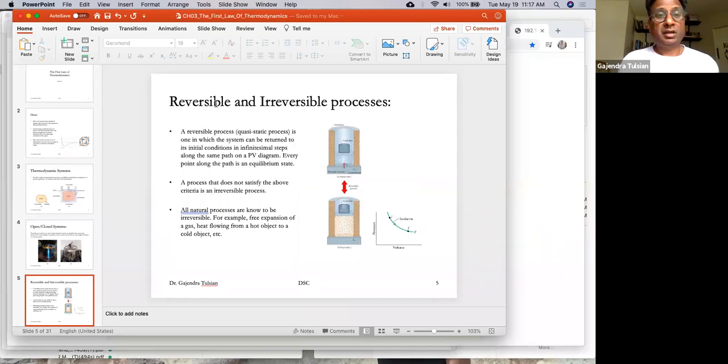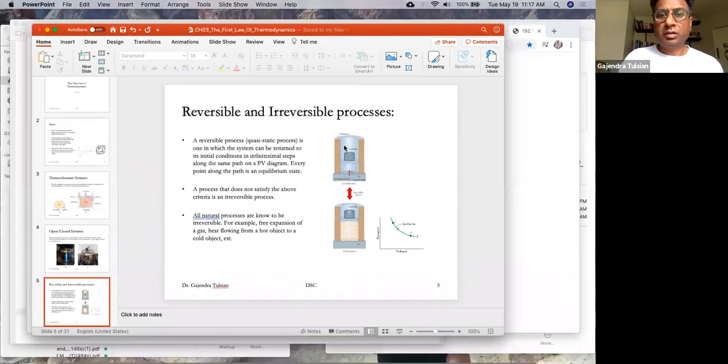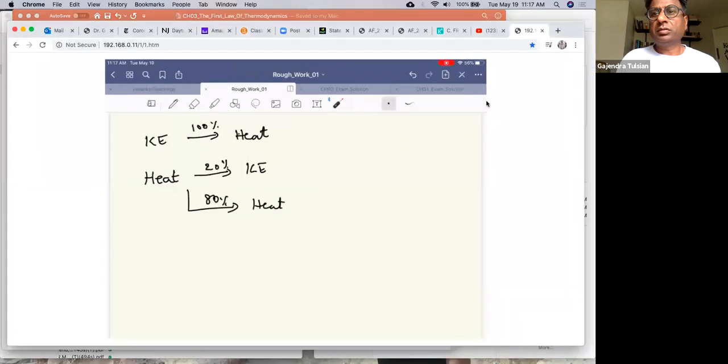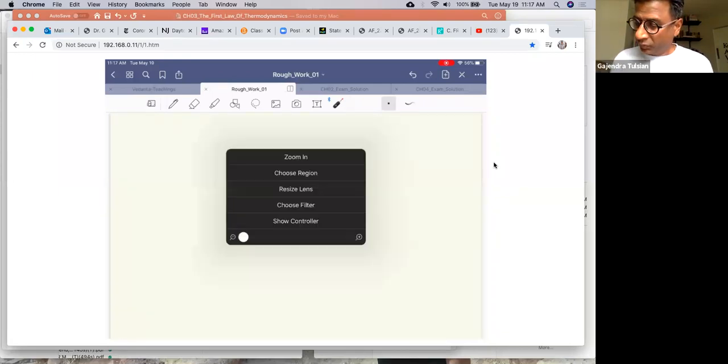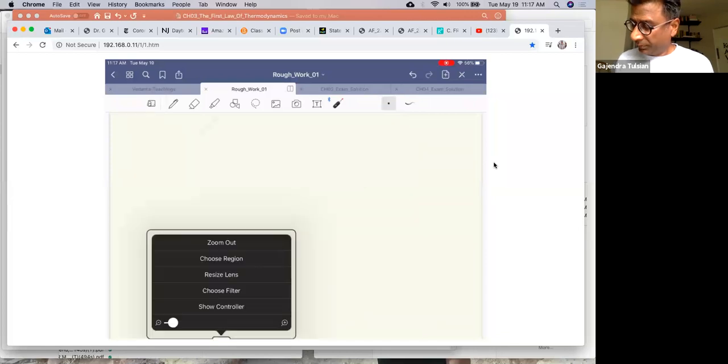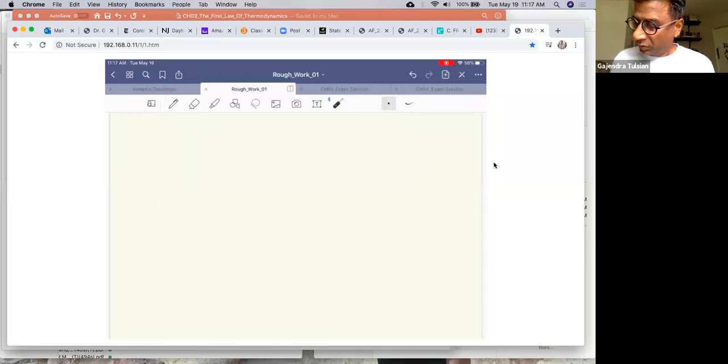Then you need to become familiar with these two terms, reversible and irreversible processes. Now let me go to the chalkboard here. Let's take a gas.